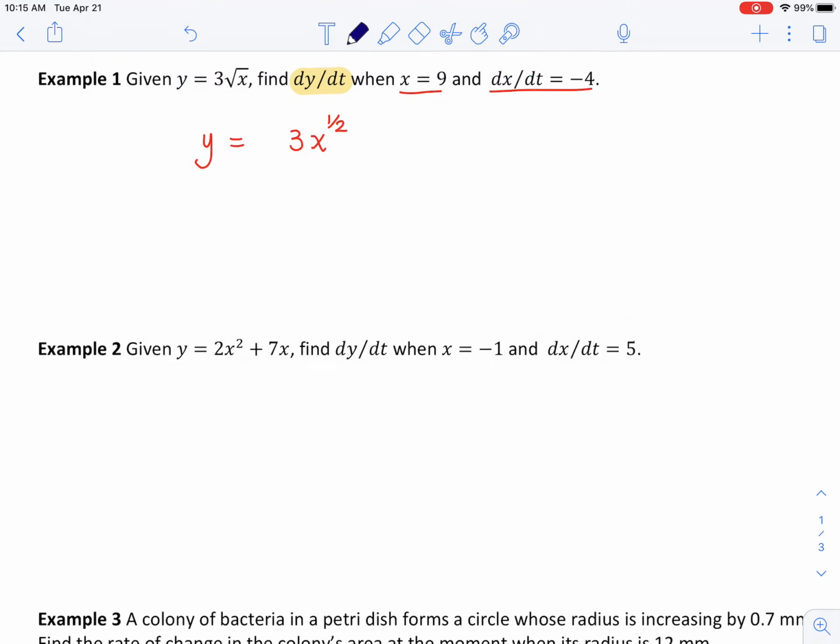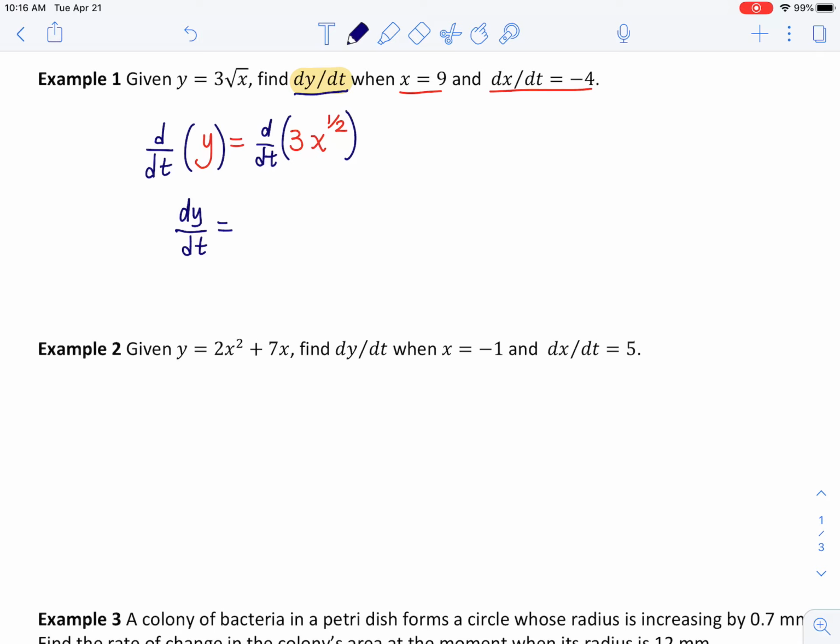I don't like the look of this, so why don't I rewrite it as 3 times x raised to the 1/2 power? And you know what I'm preparing for, right? I am about to take the derivative of both sides with respect to t.